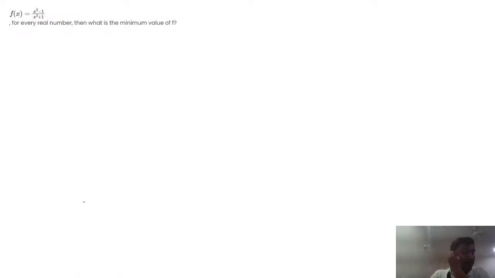Anyone guess how to proceed in this question? We have given f(x) equals x square minus 1 upon x square plus 1, x belongs to real numbers, the set of real numbers.